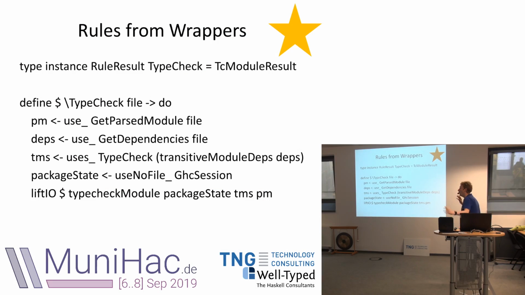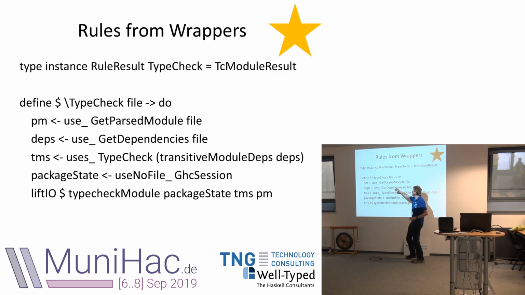And then, once you've built that, you can describe what type checking a module should be. And this is unadulterated code taken right from the IDE. And I'm very pleased with it. I think this is what convinces me we got the abstractions right. So we say at first, the result of type checking is a TcModuleResult. That's just what GHC gave us.